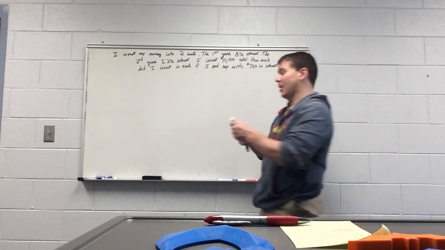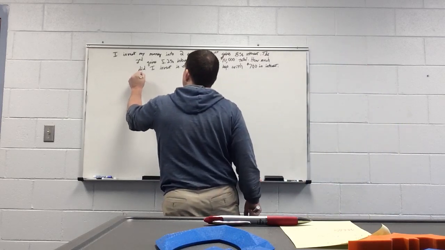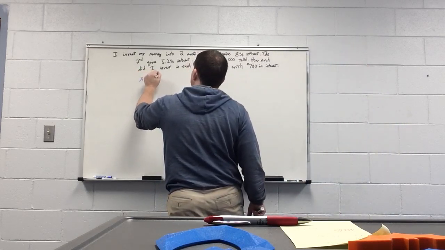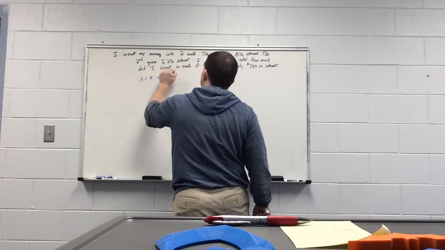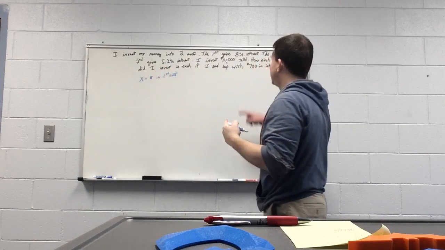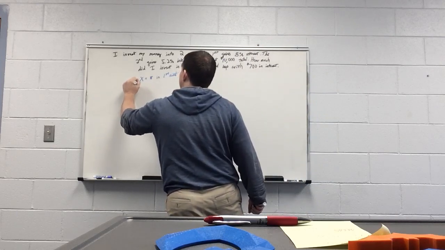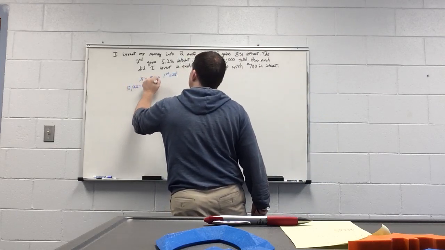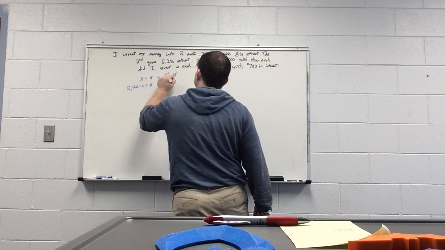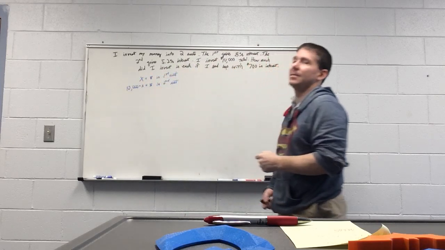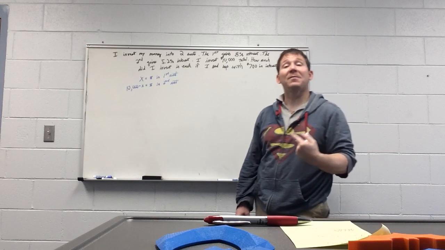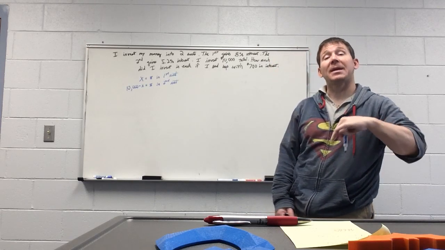And the trick, if you recall, was we did something like this. X equals the money in the first account. And then since I invested $10,000 total, 10,000 minus X is the money in the second account.